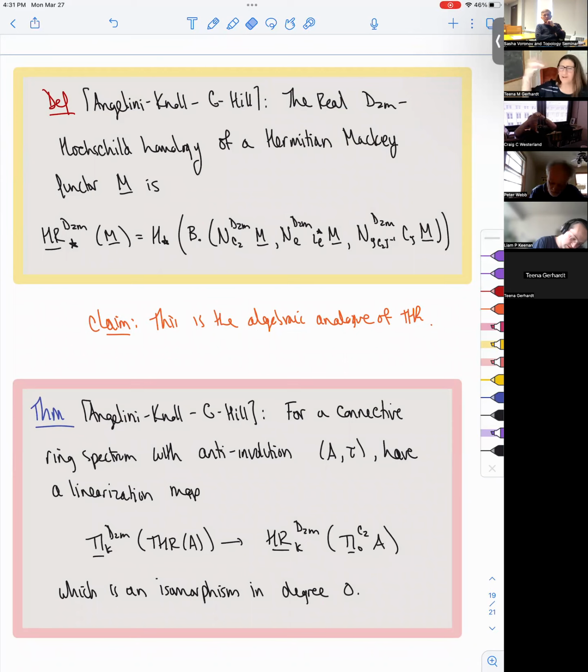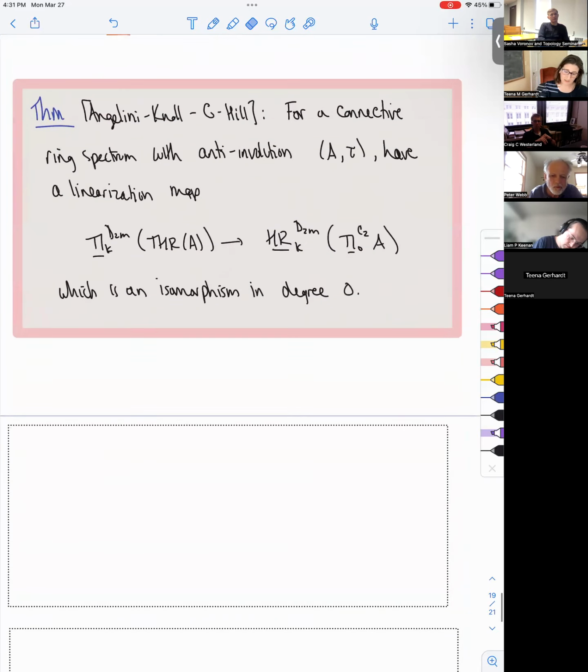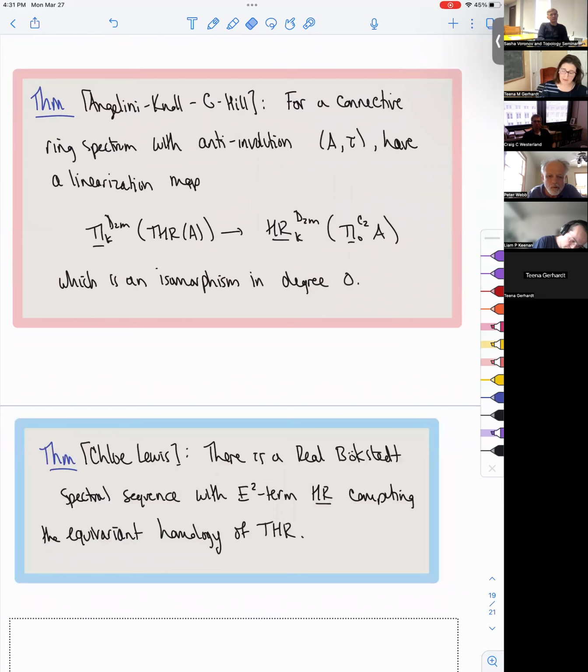The other thing is, in the classical setting, Hochschild homology and topological Hochschild homology were related via a spectral sequence, and that spectral sequence was really useful if I wanted to compute THH. So you could ask, is there a version of that spectral sequence that relates real Hochschild homology and topological Hochschild homology? And there is.